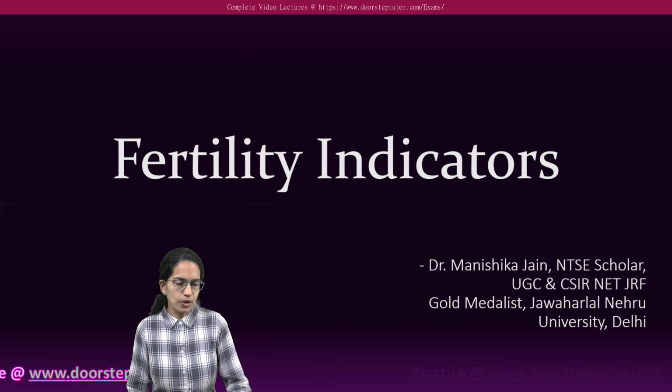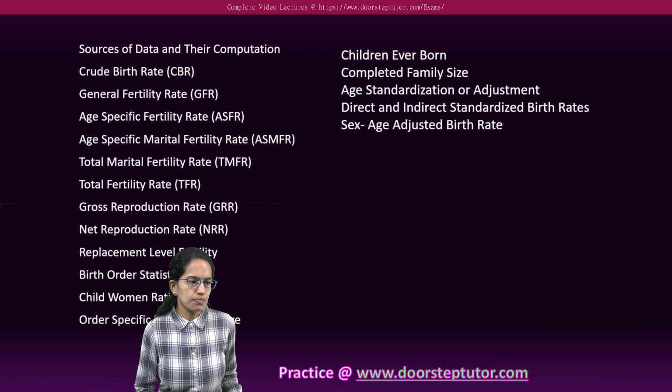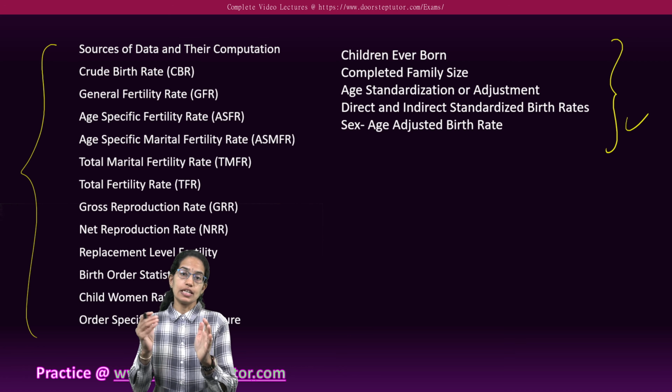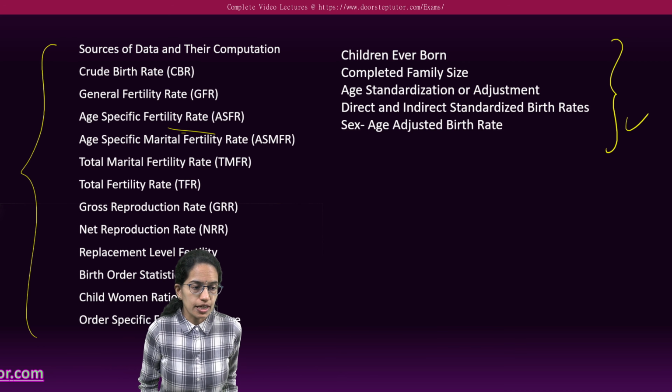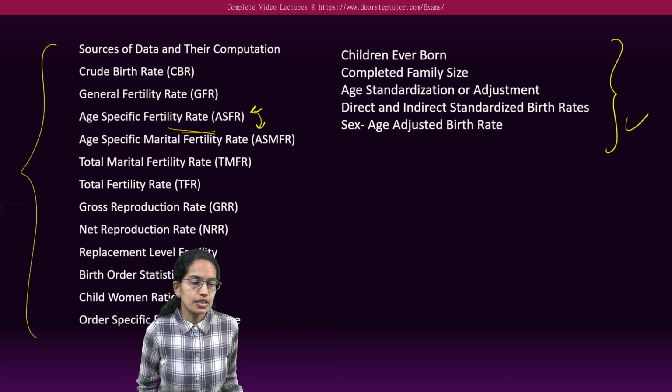Now when we talk about fertility, we would cover all these concepts in this lecture. It basically deals with the crude birth rate, the age-specific fertility rate, why this is not significantly correct and therefore there is a need for the age-specific marital fertility rate.